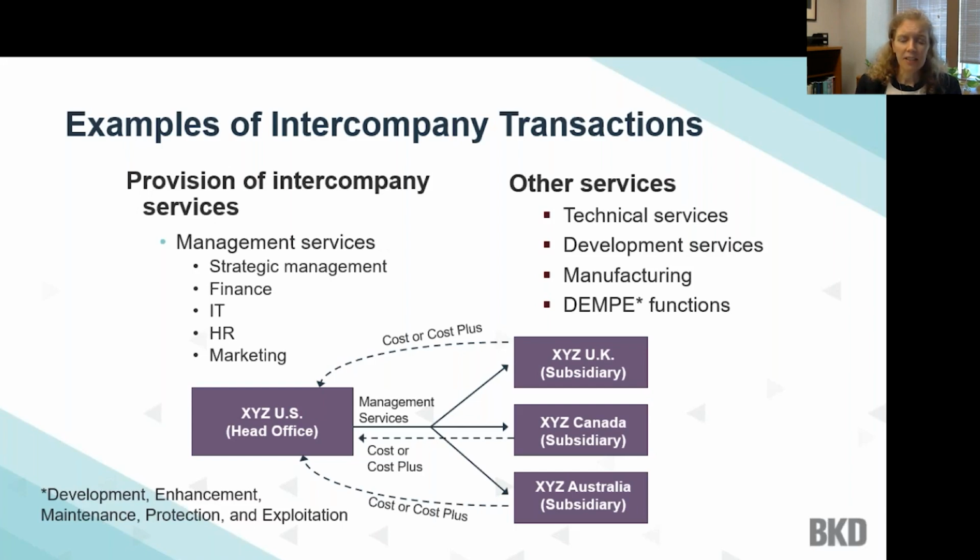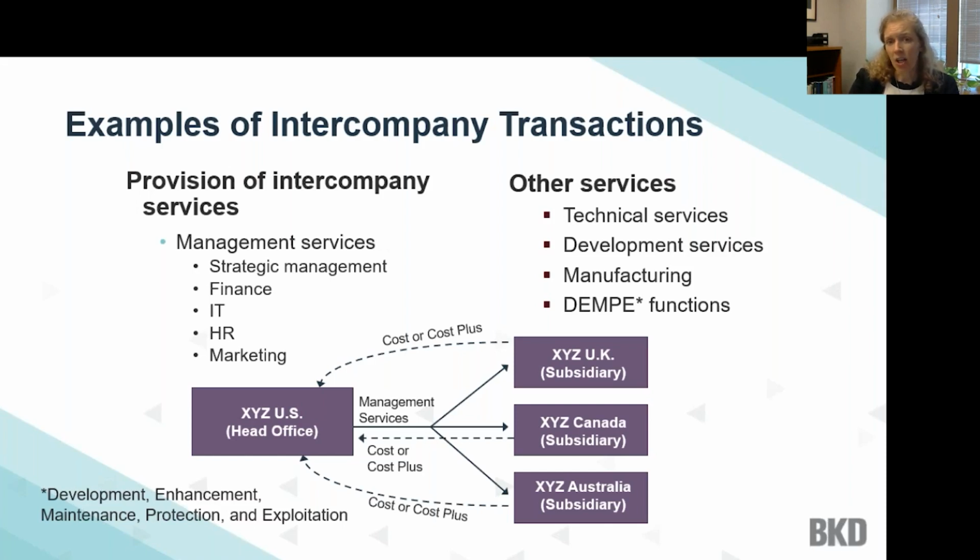Staying on the safe harbor note, there is also a list, not of 101 services, but of approximately 8 services or functionalities, really, that must be charged with markup. So let's say the US is providing financing services, like intercompany loans, or reinsurance services, or manufacturing services, or sales services.